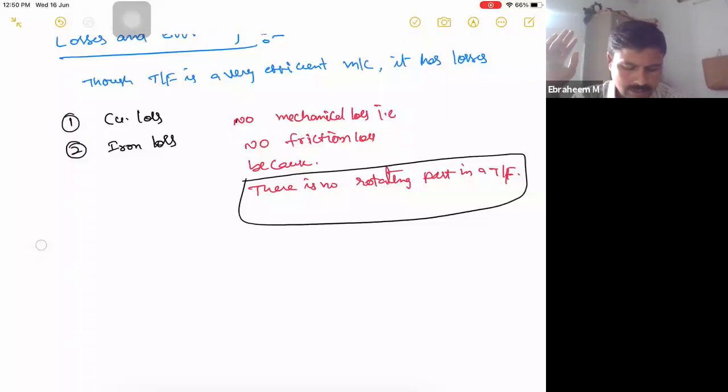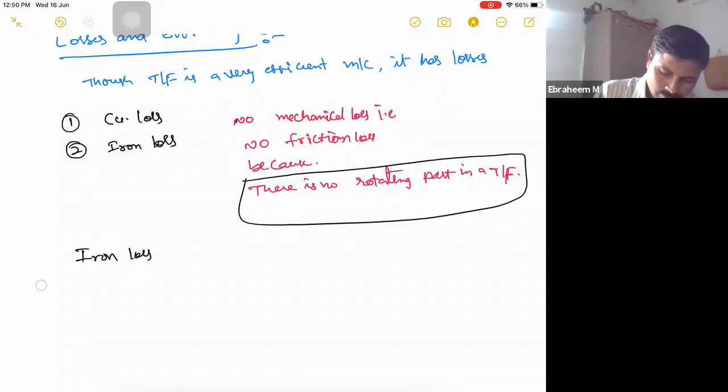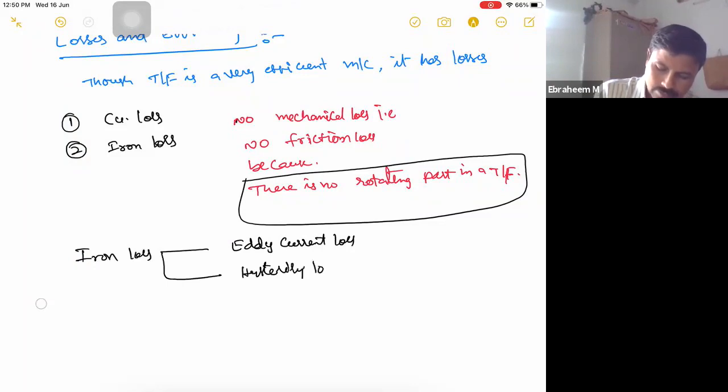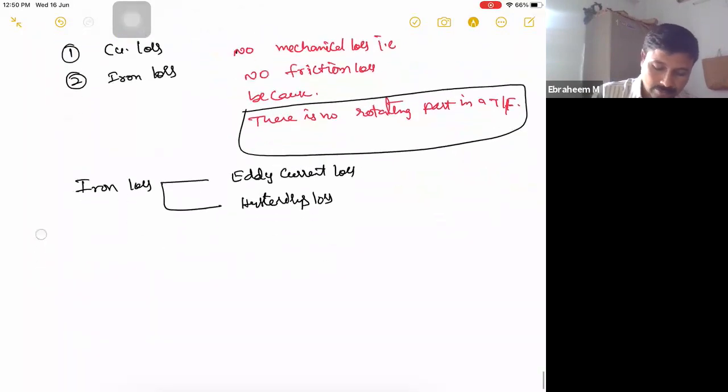So iron loss has eddy current loss as well as hysteresis loss.